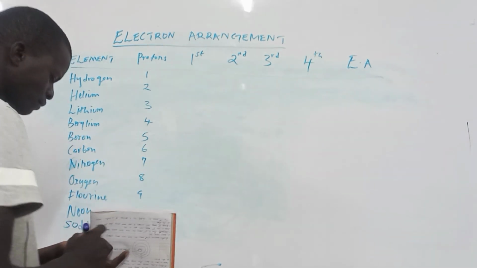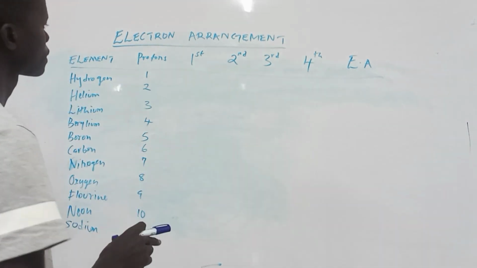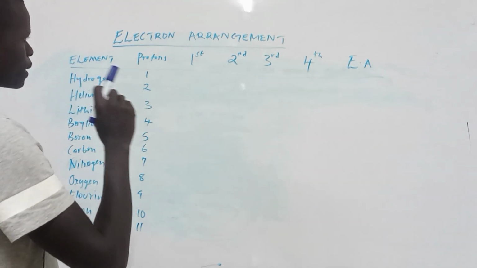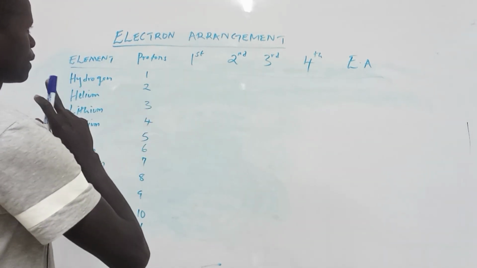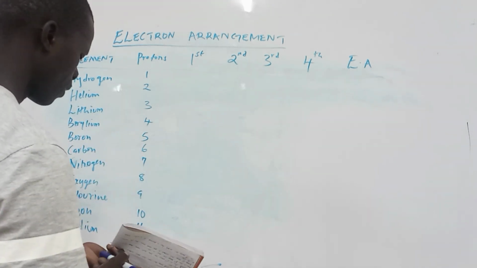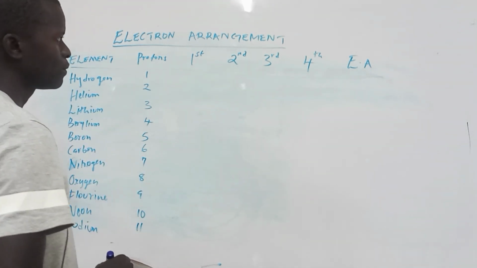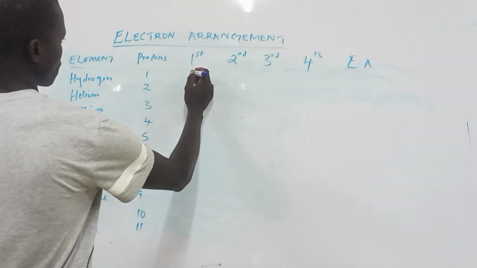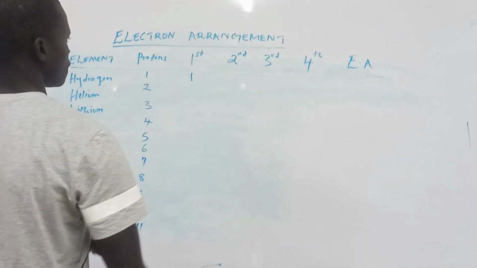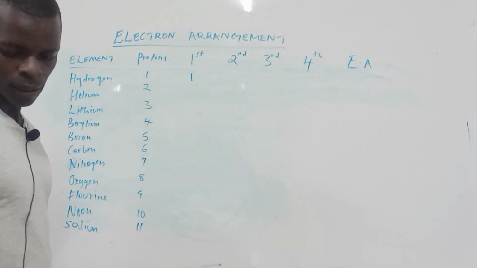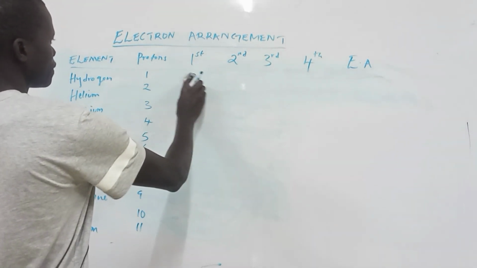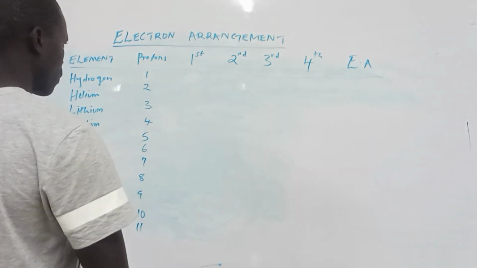So we said that the number of protons and the number of electrons are the same. And remember, for electron arrangement, we use the number of electrons. Now, the first energy level only carries a maximum of 2. Hydrogen only has 1, and we indicate the electron either using a dot or a cross.